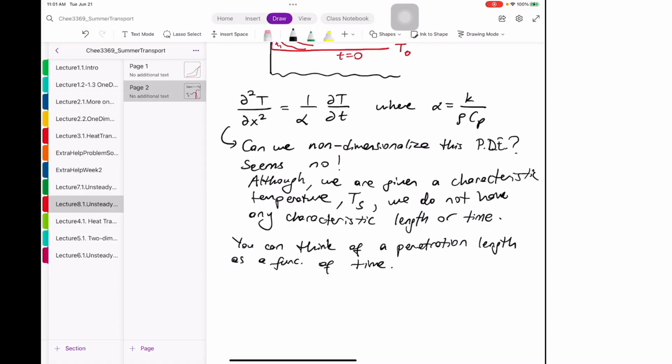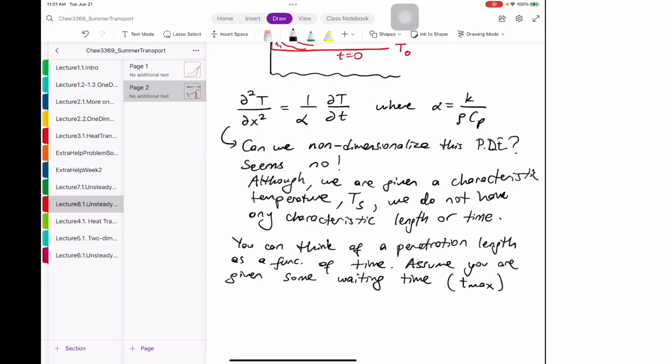So you can say, for example, assume you're given some waiting time or maximum time, for example, Tmax, right?